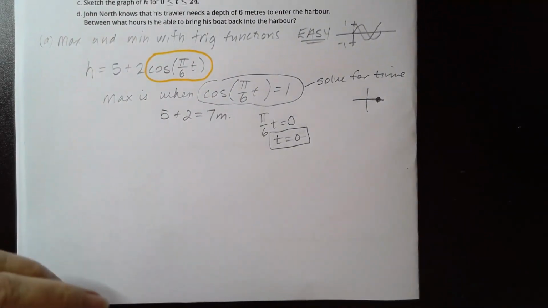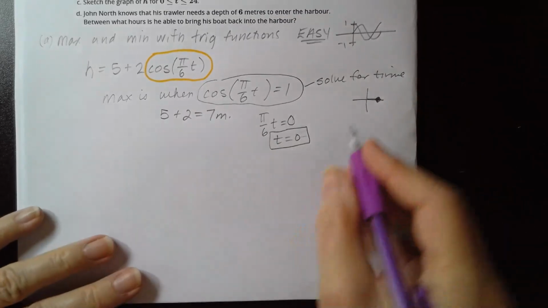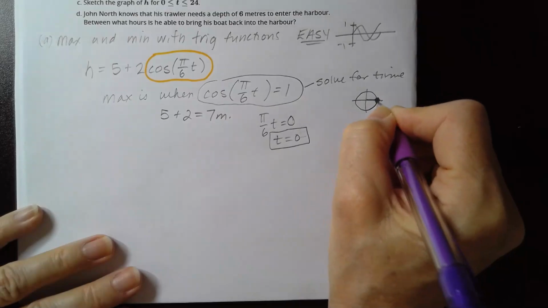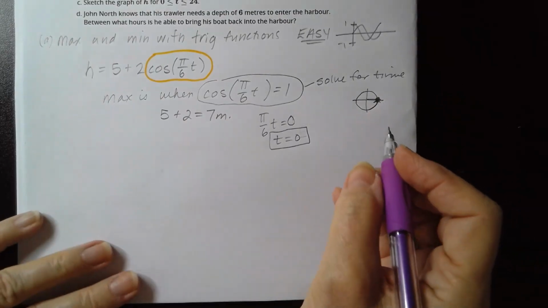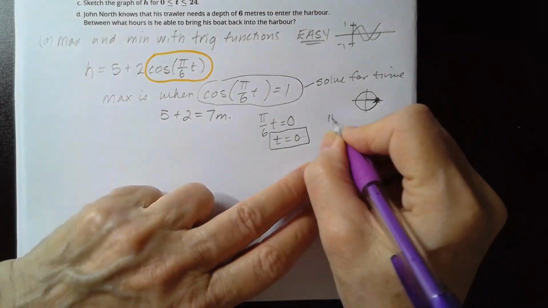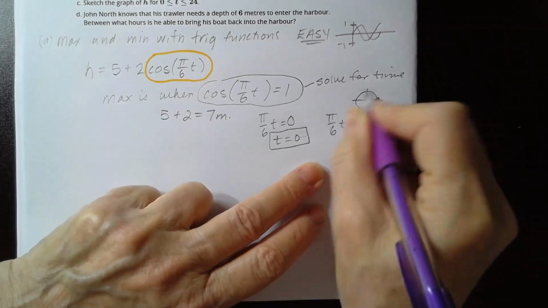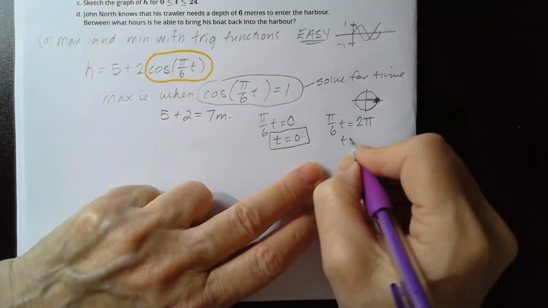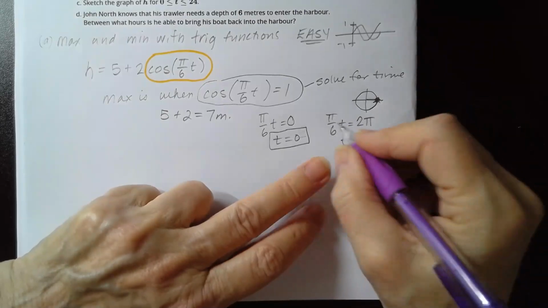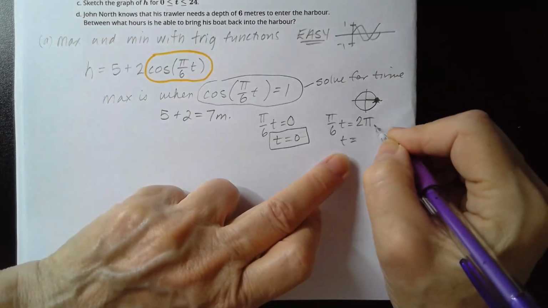All right, now I need to figure out the other values for when that happens. So maybe this far around. Is that in the domain? I'm not positive yet because my domain is 24 hours. So I'm going to see if it is there. 2 pi all the way around. And when you divide by pi on 6, you're really multiplying by 6 on pi.